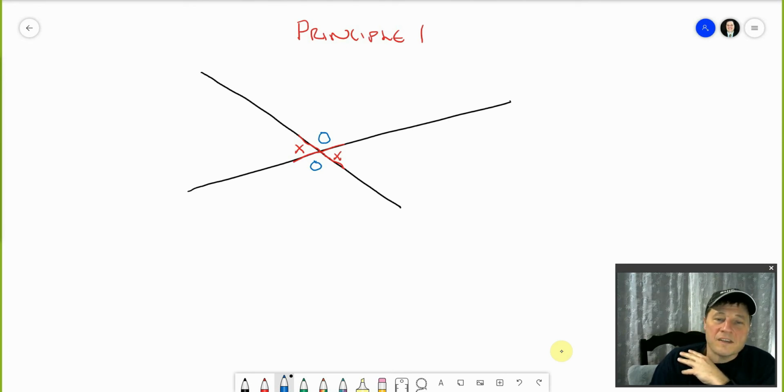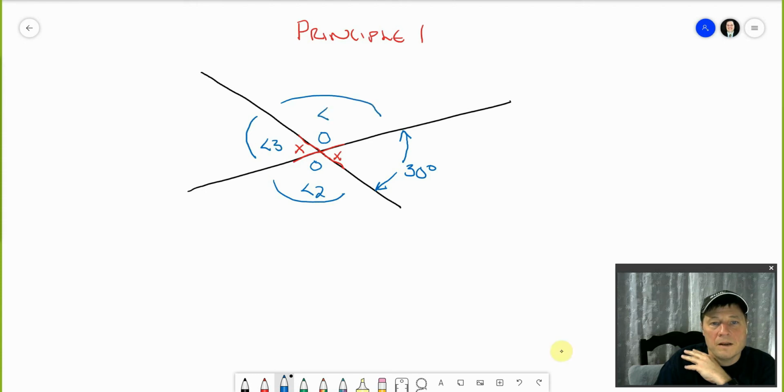Okay, so this helps us when, for instance, let's say I give you this angle right here. I tell you that this angle right here is, let's say, 30 degrees. And then I want to know, let's call this angle 2, angle 3, and angle 4.